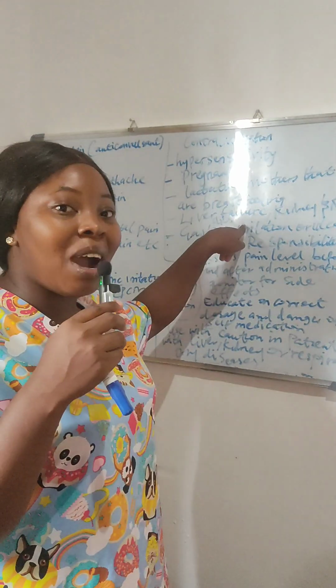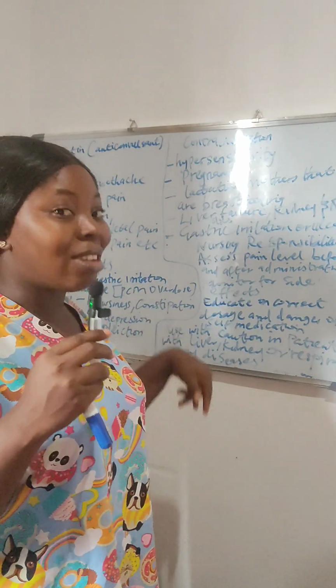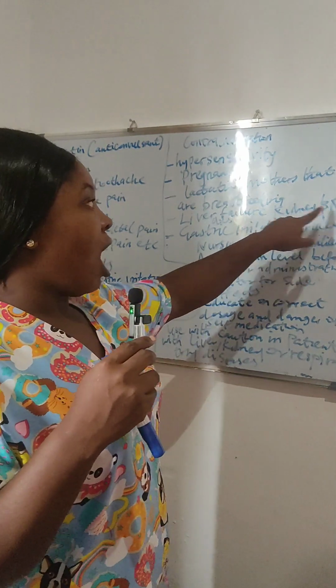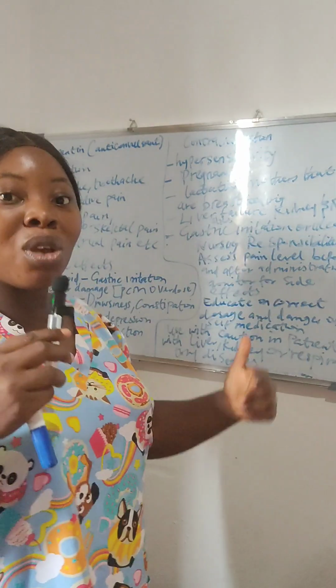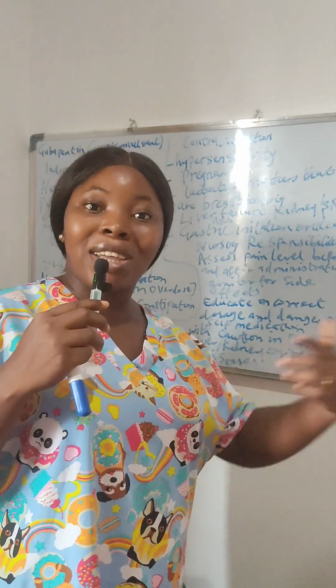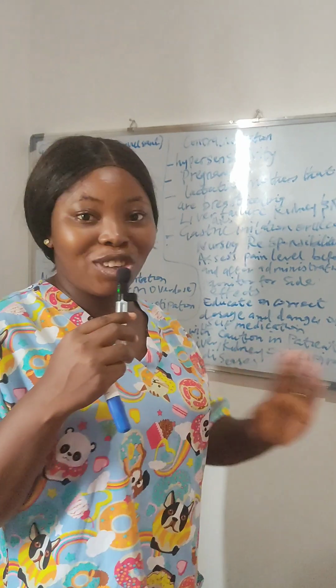If the patient has liver failure, do not give, especially PCM, because it leads to further damage to the kidney, kidney failure. And respiratory disease: because opioids lead to respiratory depression, if you give it to someone that has respiratory disease, you want to finish the person.